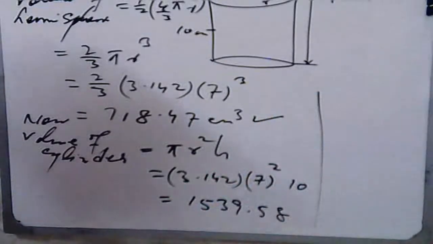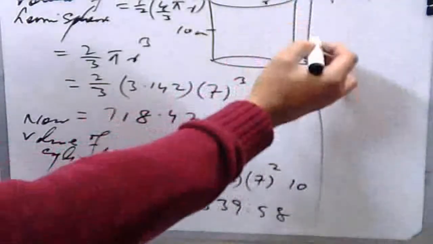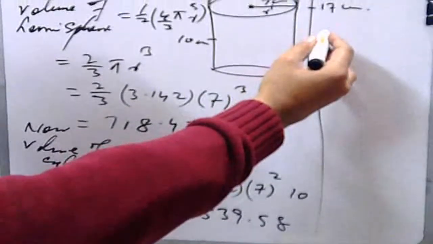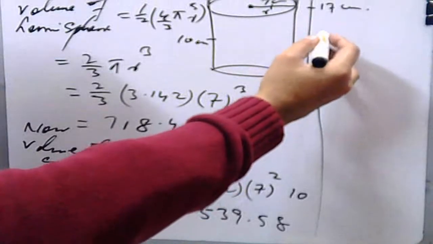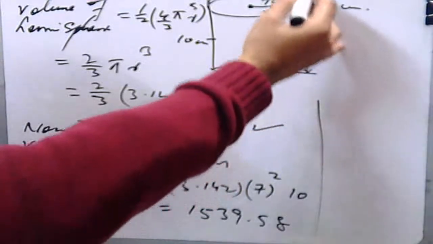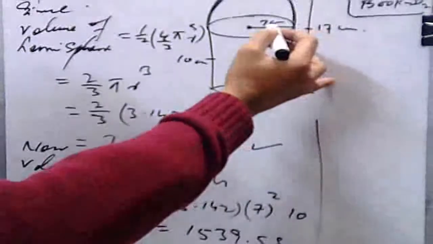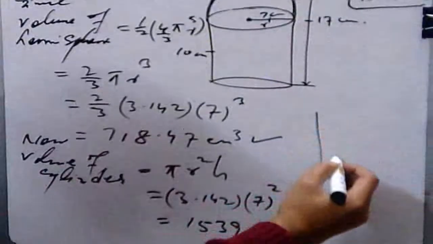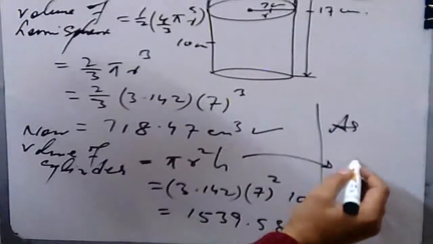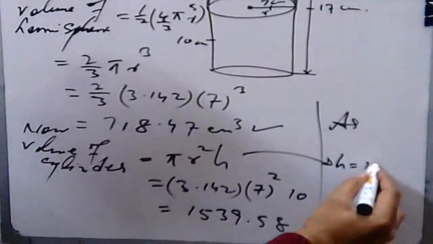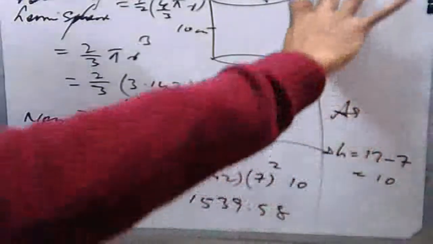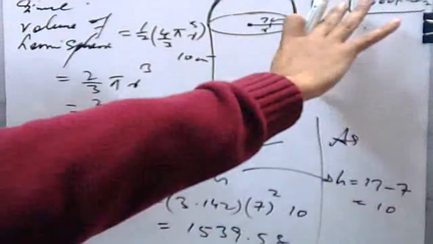Because the total height here is 17 centimeter, you have to subtract the height of the hemisphere from the total height. So h is equal to 17 minus 7, you will get 10, because the total height is 17, but I am calculating the volume of a cylinder.